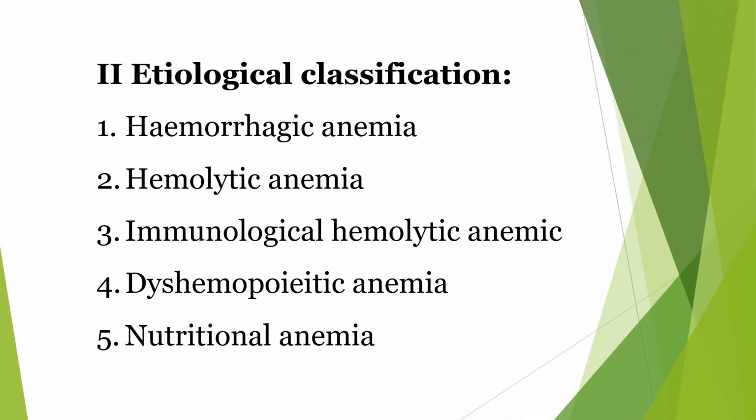Now here we will see the etiological classification: hemorrhagic anemia, where there is excessive hemorrhage, loss of blood; hemolytic anemia, where there is lysis of RBCs; immunological hemolytic anemia, that is hemolysis due to certain immunological reasons; and dyshemopoietic anemia, where there is less production of RBCs from the bone marrow.